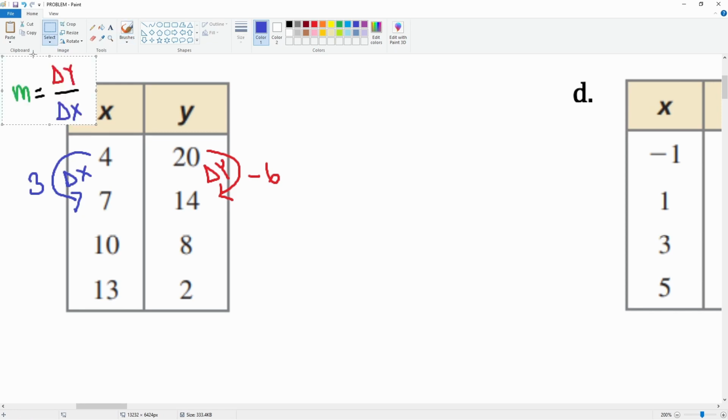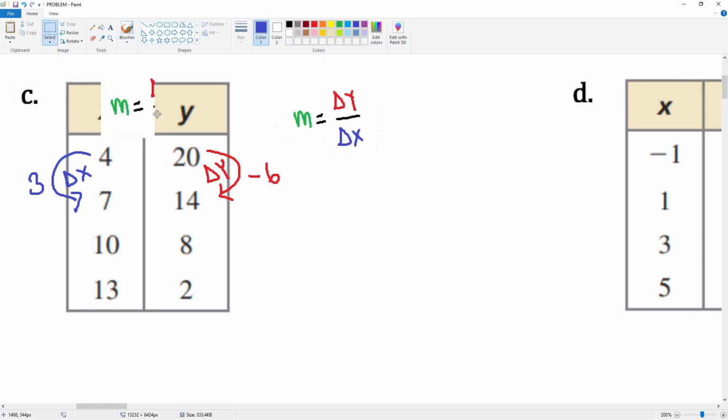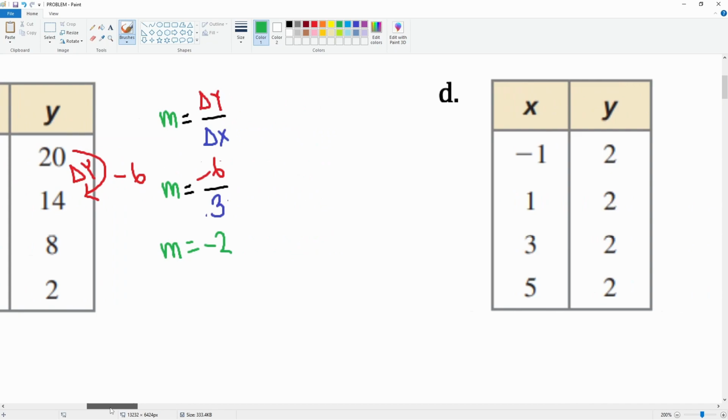We know the formula is this, so now we're just going to plug in the values that we have from before. The delta y on top is -6, and the delta x is 3. Yes, you can simplify this: -6 divided by 3 is just -2. That would be the final answer.